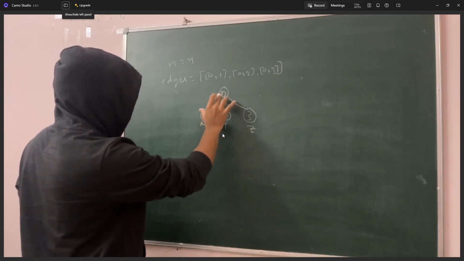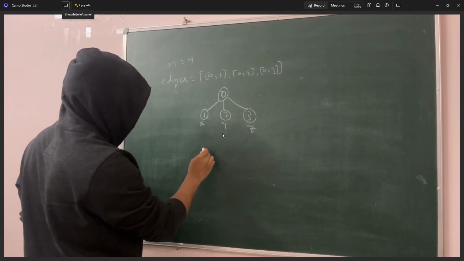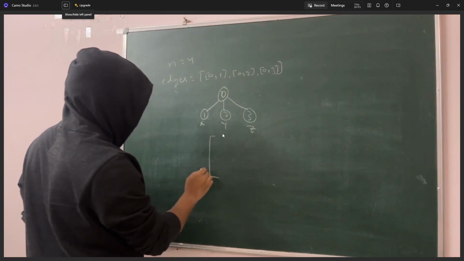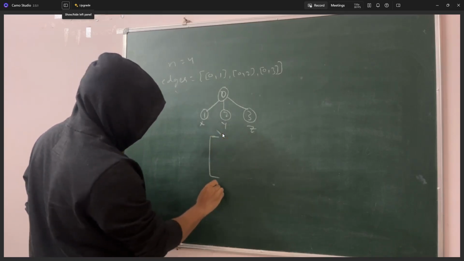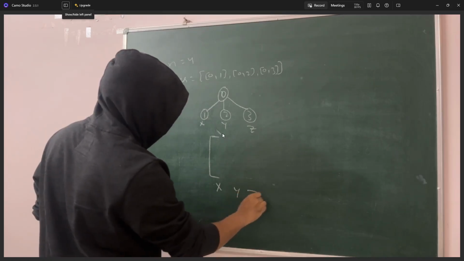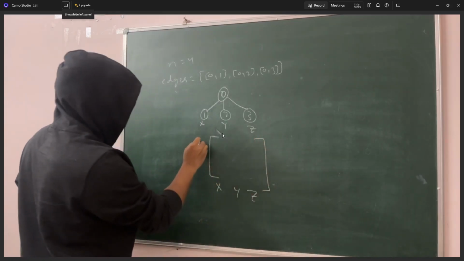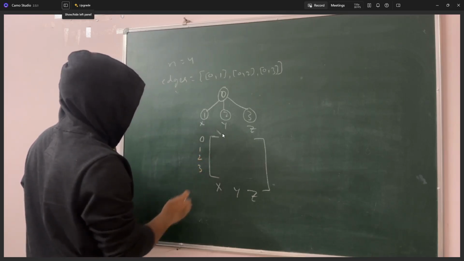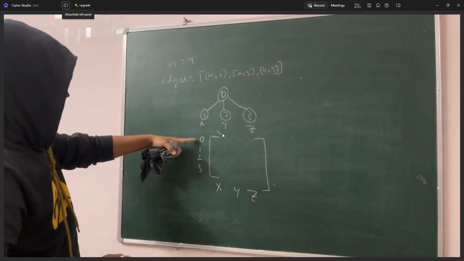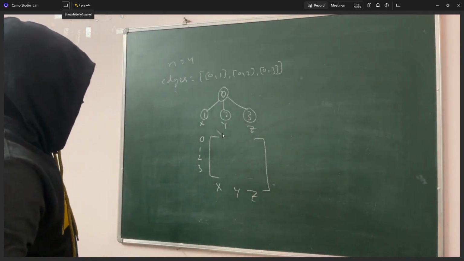Like 4 nodes we have, so I'll take a vector, and these columns let me denote as x, y and z. This is my vector, and this is node 0, node 1, node 2, node 3, since nodes are 4 and it is from 0 to n minus 1.